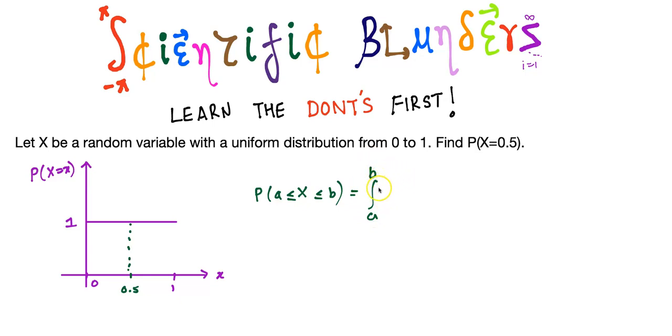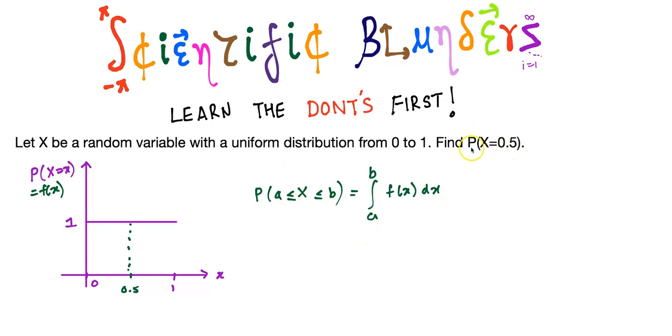So it's the integral from a to b of the probability density of the distribution. Let's say that function is f of x. So it's the integral from a to b of f of x dx. So this is by definition, right?